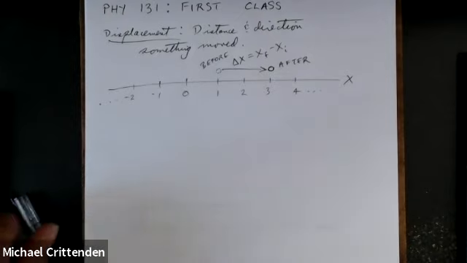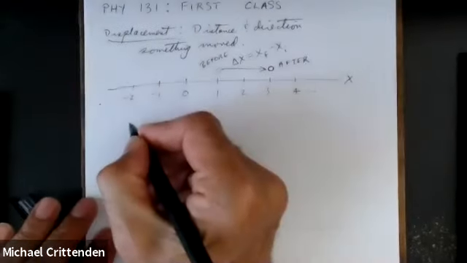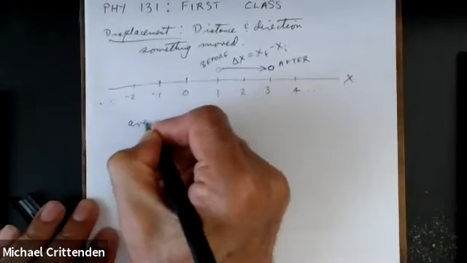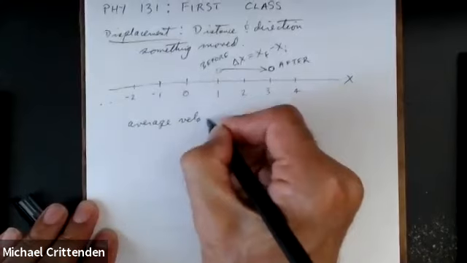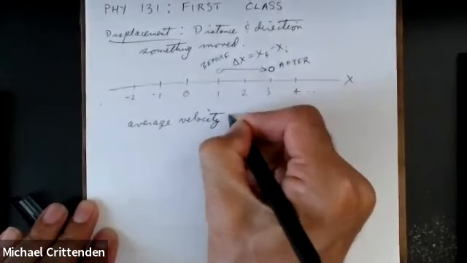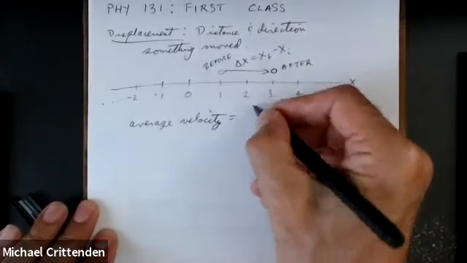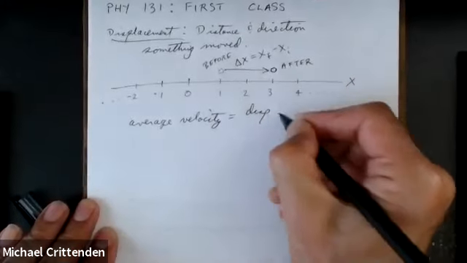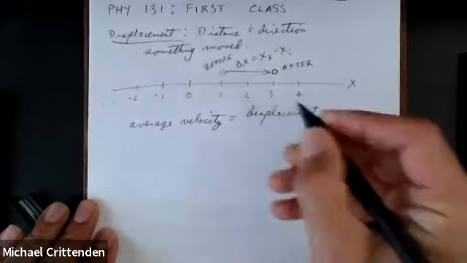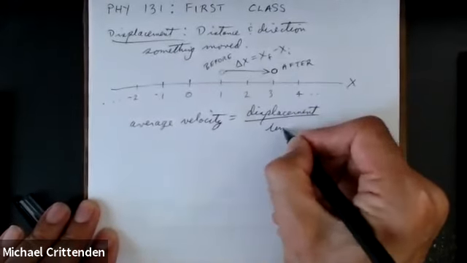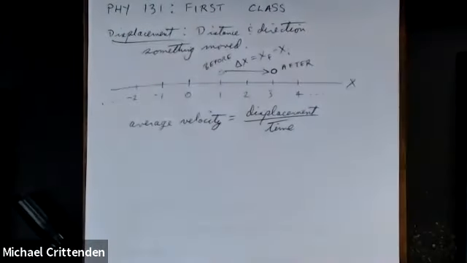Average velocity: displacement divided by time.